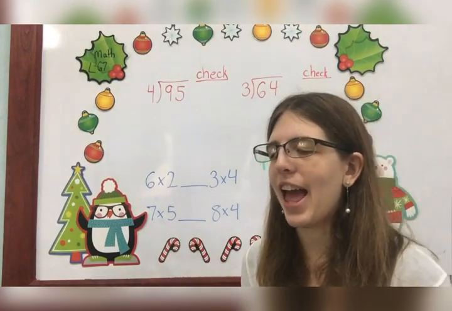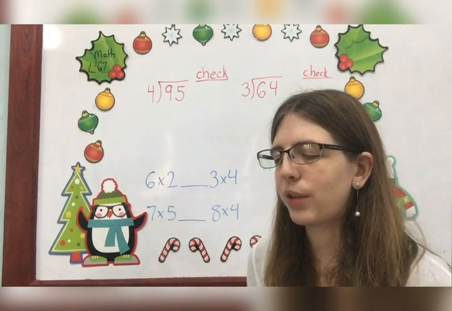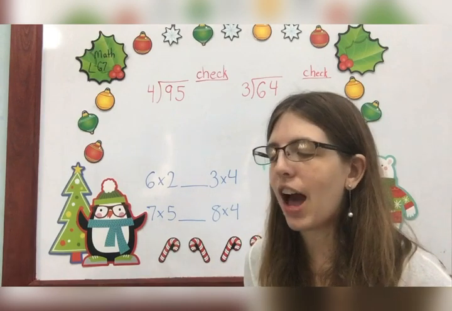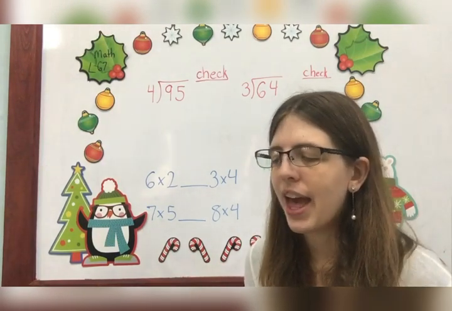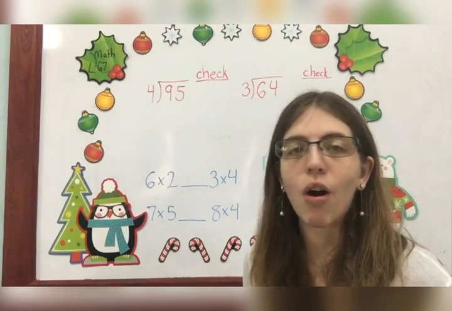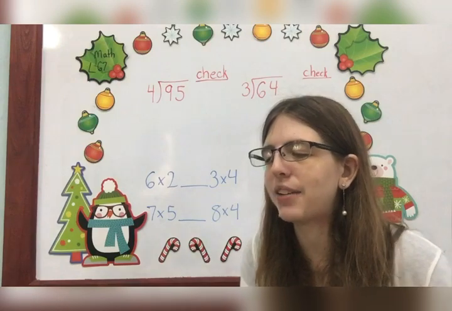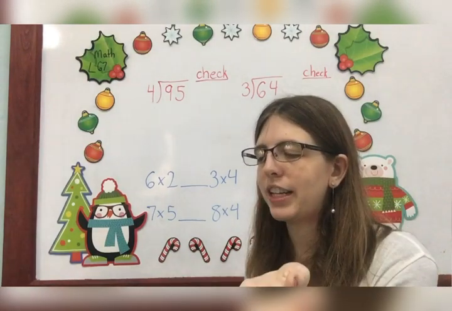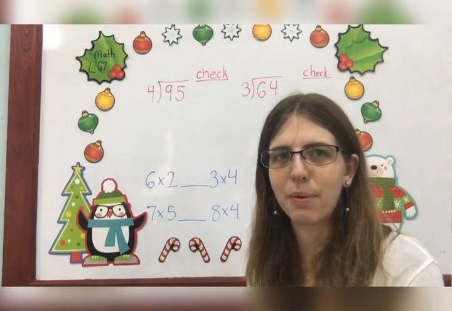Number 1, letter A. This is a story problem. It says, in the classroom library, there are 49 history books, 65 fiction books, and 79 science books. How many books are there in all? Okay, so our facts, what our story problem tells us, is that we have 49 history books, 65 fiction books, and 79 science books.